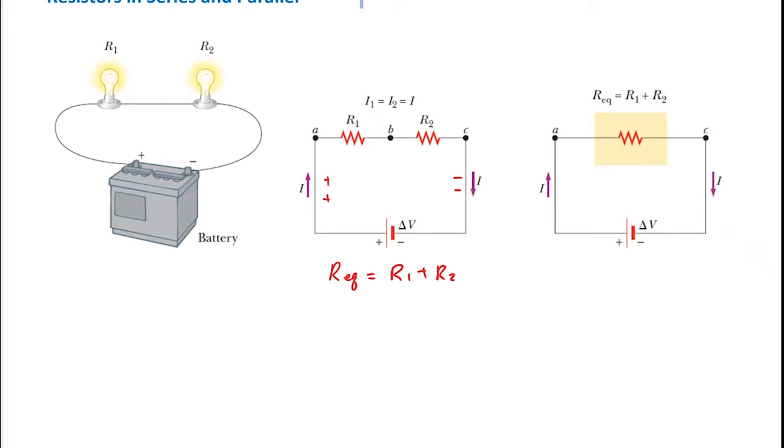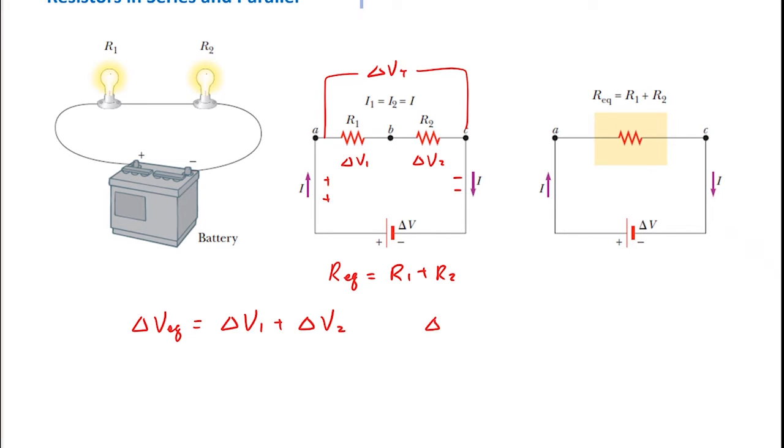However, the potential difference, if you measure it, delta V here and delta V here, they have to add up to the total pressure difference between these two ends. That makes sense to you? So if you put this thing here, delta V total, from here to here, has to be the same as these two together. So we'll say delta V total or equivalent is equal to delta V1 plus delta V2. So far so good.